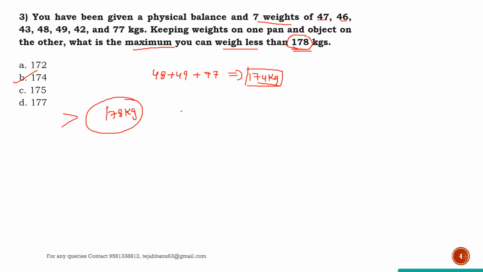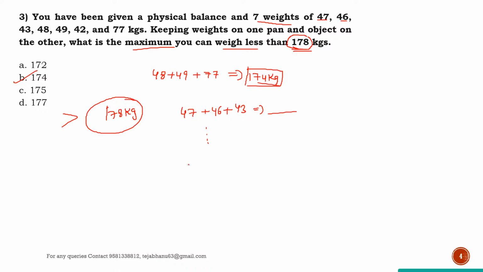So now have a look: 47 plus 46 plus 43, you'll get some value. Like that we have to add.